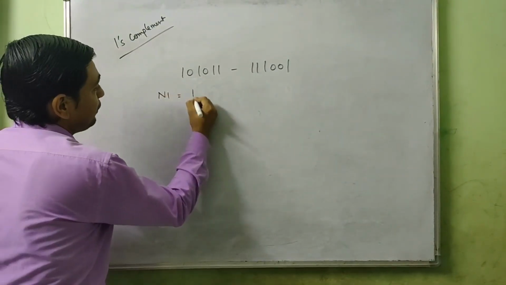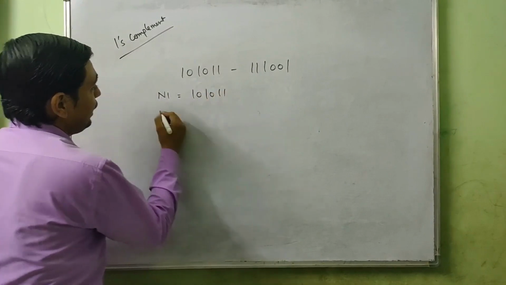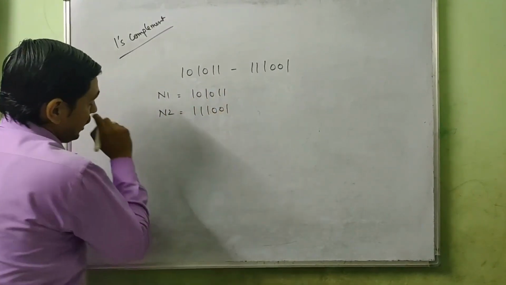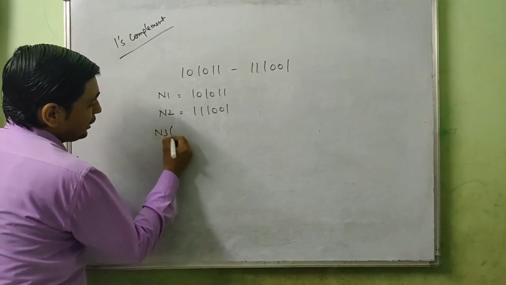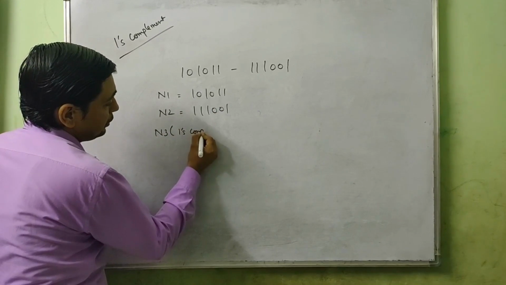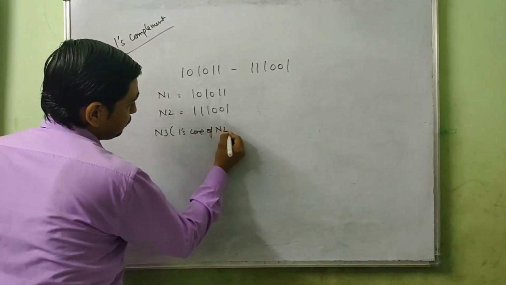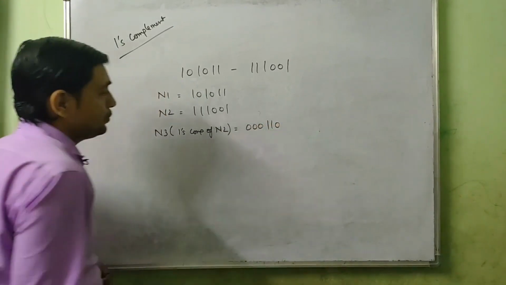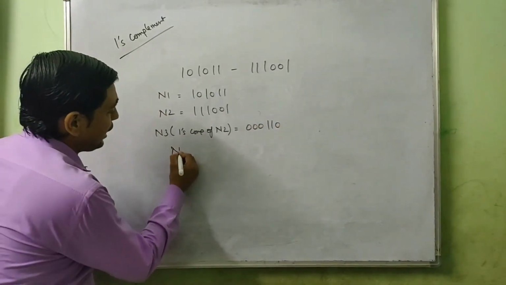So n1 let it be 101011, n2 let it be 111001. Now n3, which is actually the 1's complement of n2, will be 000110. Now all that you need to do is n1 plus n3.